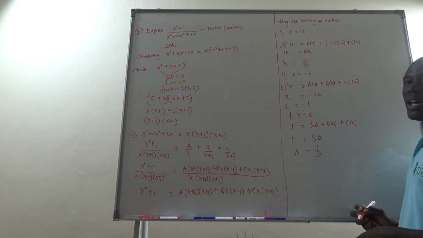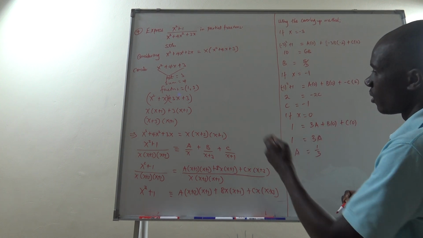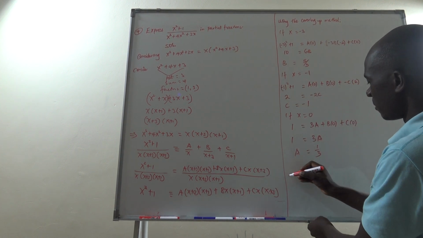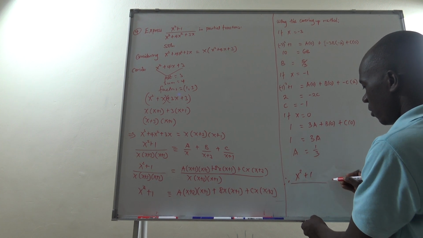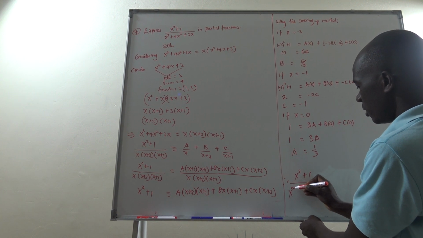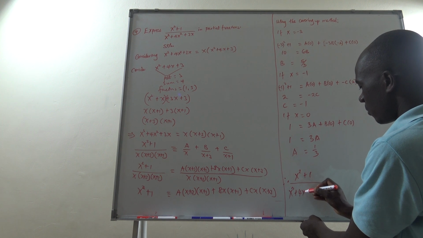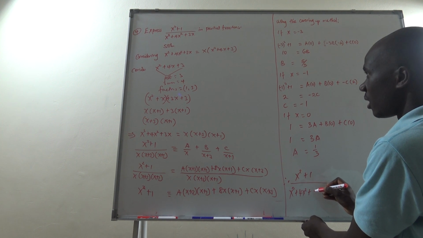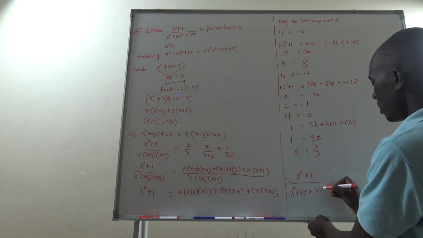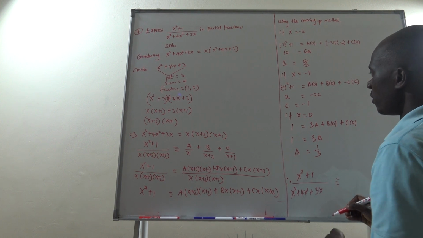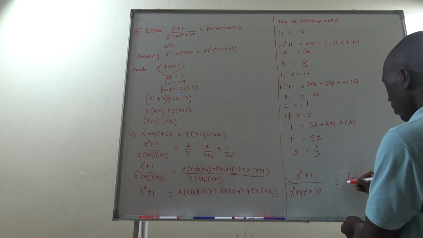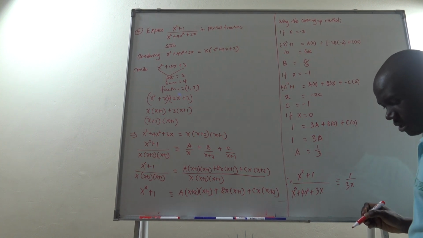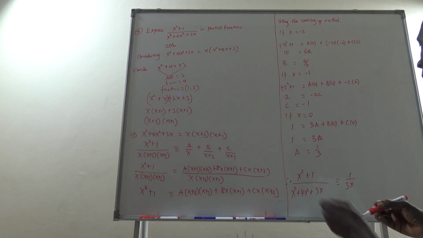What does it imply? It implies that when we substitute back, therefore x squared plus 1 all over x cubed plus 4x squared plus 3x equals: do we know the value of A is already assigned? We are going to have 1 out of 3x, plus, do you know the value of B?